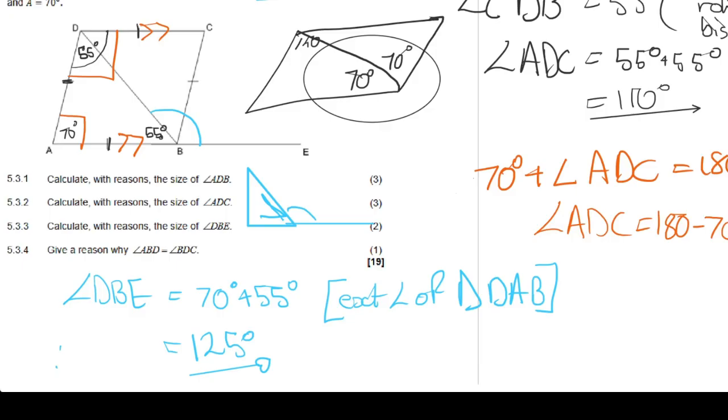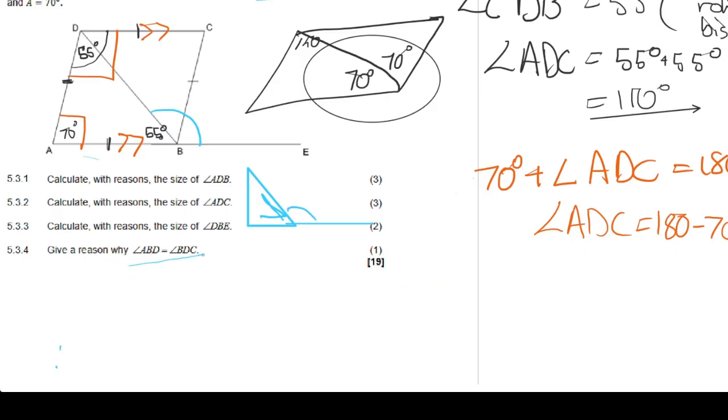All right? Then give a reason why triangle ABD is equal to triangle BDC. To do this one, the opposite sides of a rhombus are parallel.